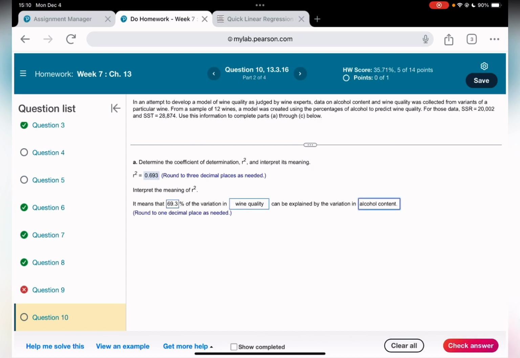Here it is, alcohol content. Okay, well, let's check, see what we get.